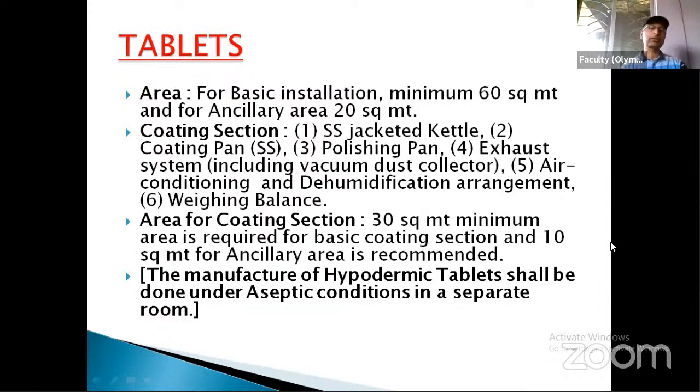Next is the coating section. If your tablet or any of the tablets require any coating, different types of coating are there. You have already gone through this in your pharmaceutics classes. According to requirement, the coating section has the following minimum equipment: a stainless steel jacketed kettle for heating the liquid which will be used as the coating liquid.